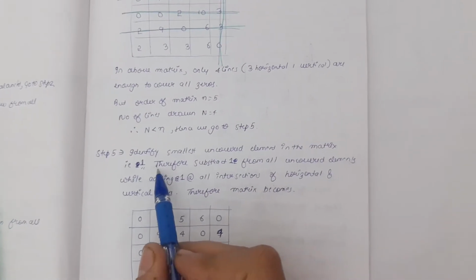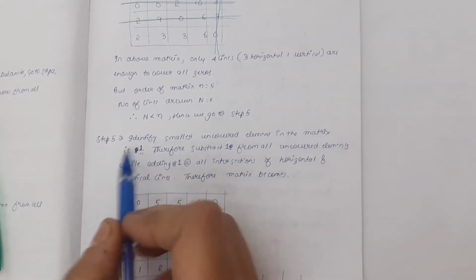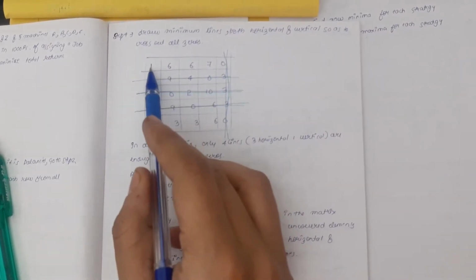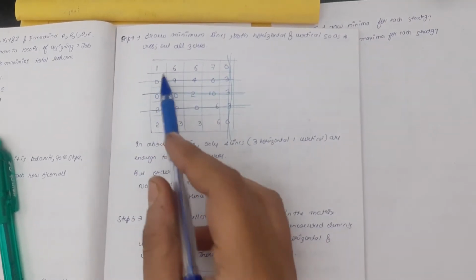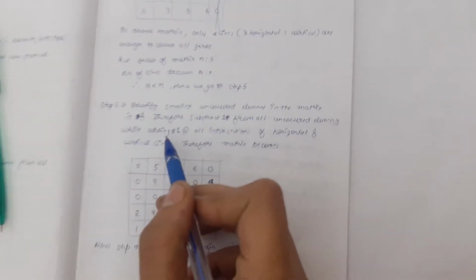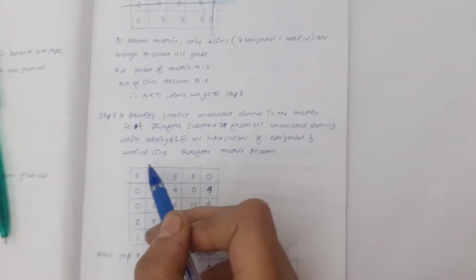In step number 5, we identify the smallest uncovered element in the matrix, that is 1. Uncovered means we neglect the struck-off elements and concentrate on the other elements. The smallest uncovered element is 1. Therefore, we subtract 1 from all the uncovered elements, while we add 1 to all the intersections of horizontal and vertical lines.